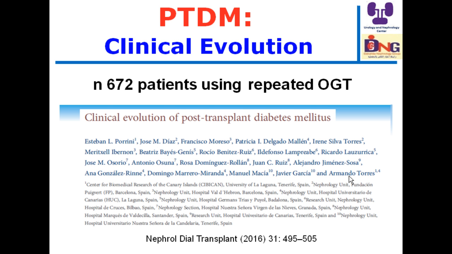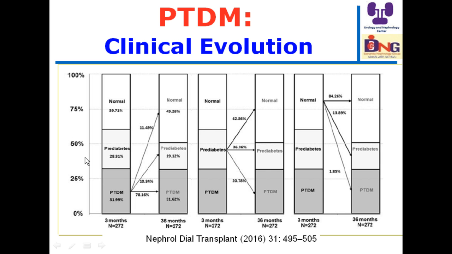If we look at the data, this is the data during the first 3 months. Here, post-transplant diabetes was diagnosed in 30% of patients, pre-diabetes in 28%, and normal glycemia in 39%.